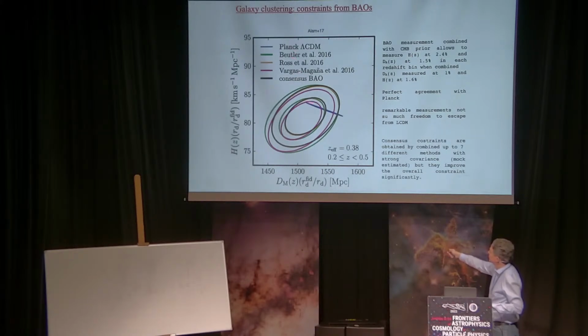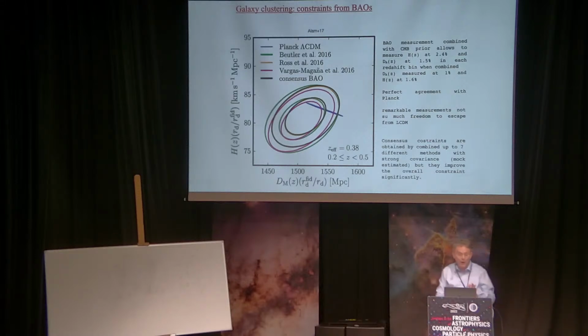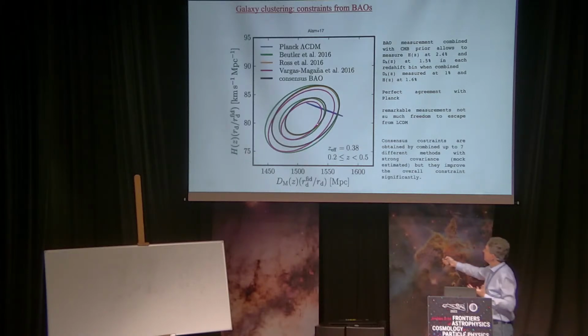This is the Planck, which is very tight, and this one is Fourier space, one is real space, and the other one exploits in a different way the splitting in the redshift coordinate with these mu wedges. The point that we want to make here is that they all agree with each other, right? They are all on top of each other, and they have a consensus BAO measurement, which is really the combination of the two, with some covariance, I guess, and then it agrees with Planck very, very well.